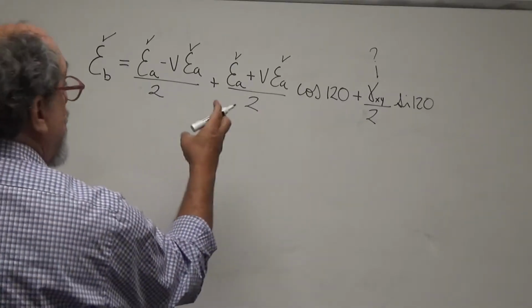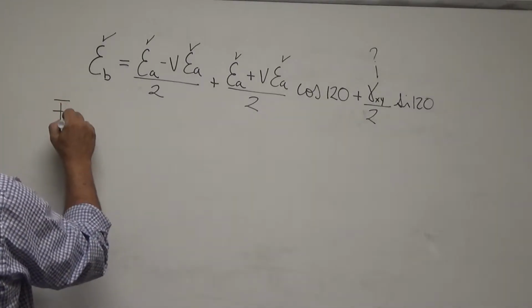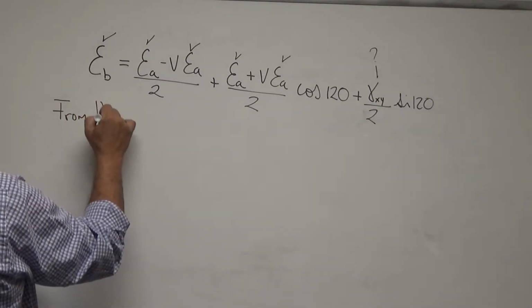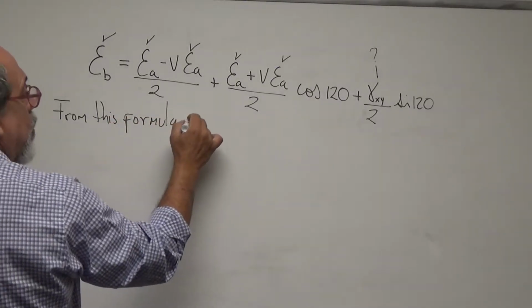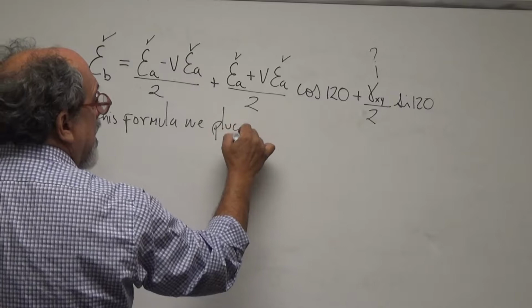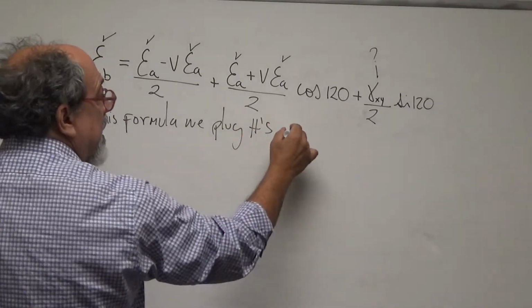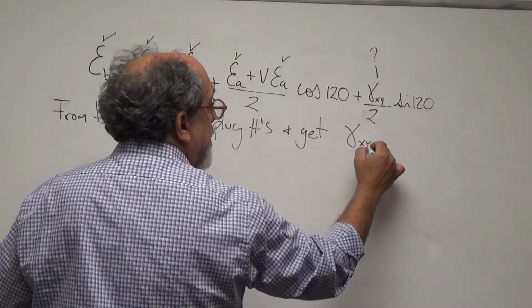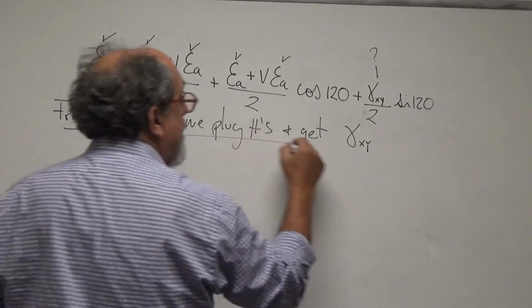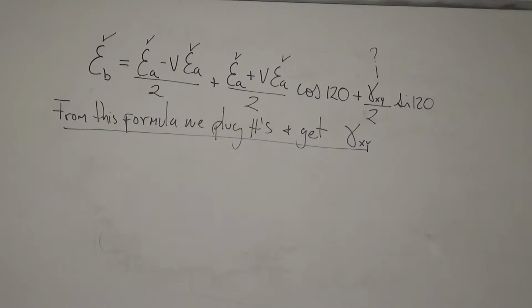So let's say that from this formula, we plug in numbers and get gamma xy. Okay?